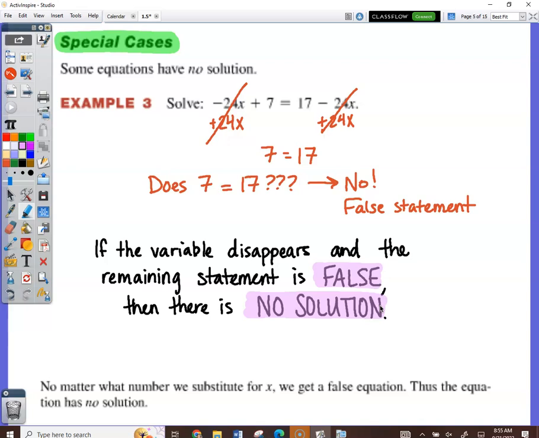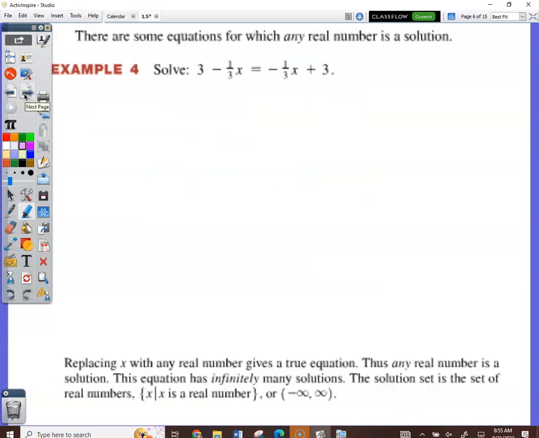You probably know where this is going. Looking at the equation, let's start to solve it. I'm going to add 1/3 x here to take it over to the left. But when I do that, the variable disappears, and what are you left with?